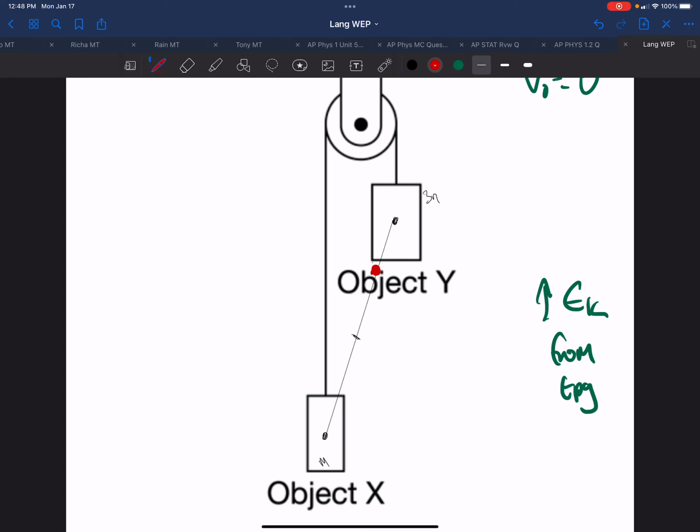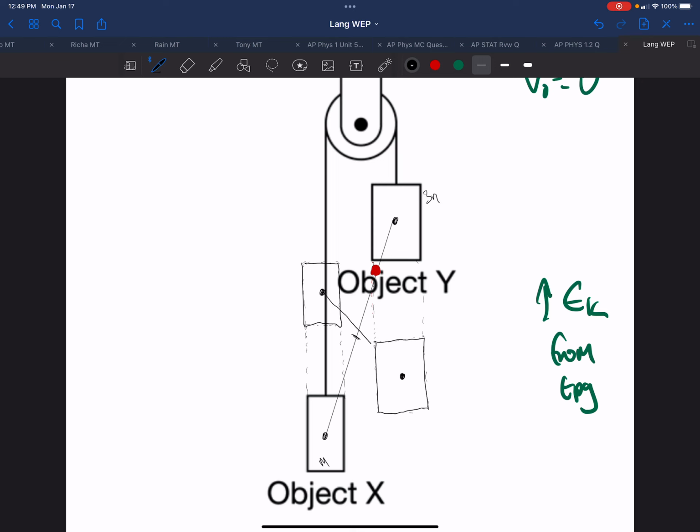Now, if we were to wait and observe this fall, let's say this body has had enough time to fall from there to here. The other body, X, will have risen by the same amount as Y fell. And its center of mass would be up here, like so.